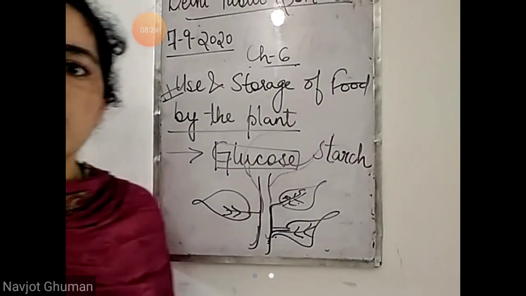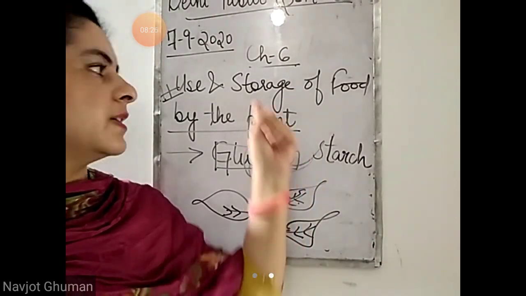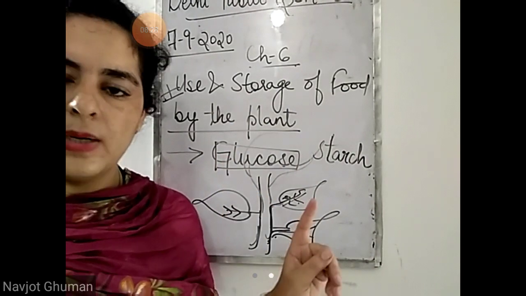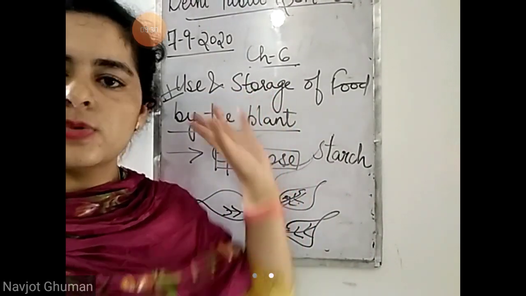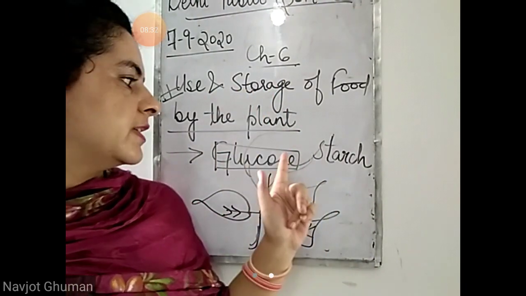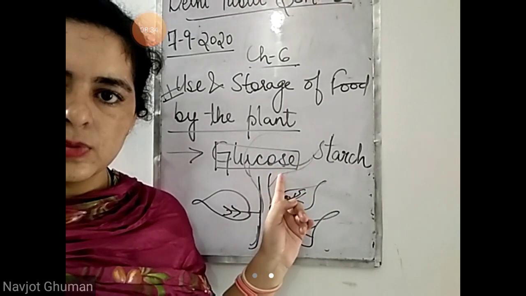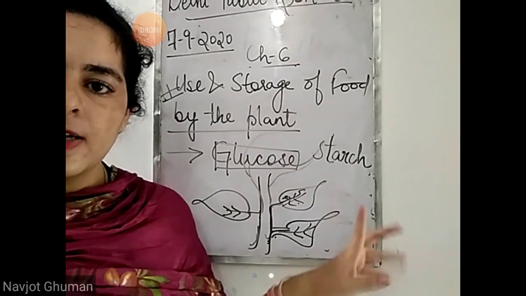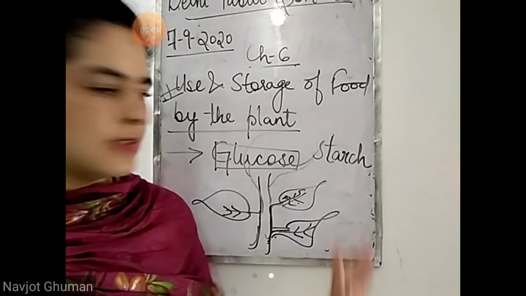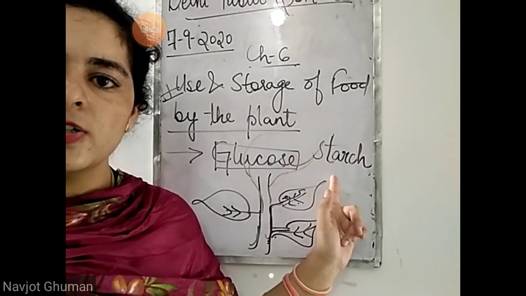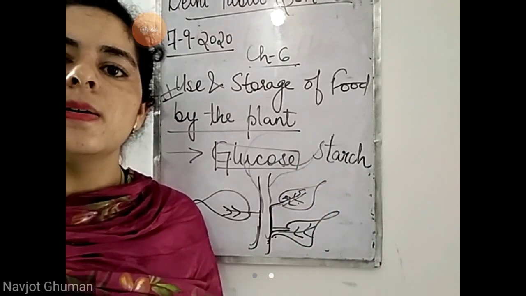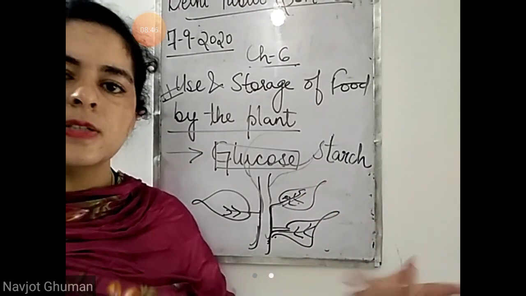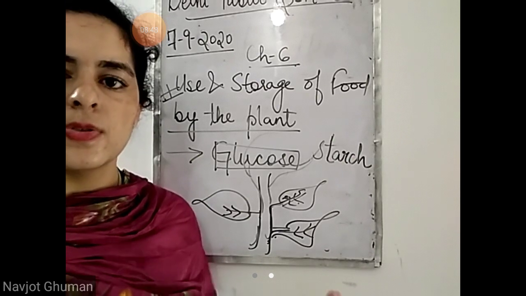So this is how the food prepared by the plant is used and stored in plants. It is used in daily activities. It is prepared in the form of glucose, also called sugar. And the food that is left unutilized, जो बच जाएगा, that will be stored in the form of starch in different parts of the plant, maybe in the leaves, stems, branches, anywhere it is stored.